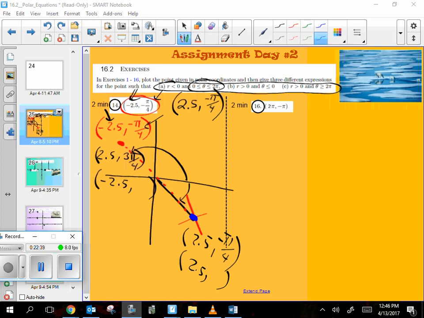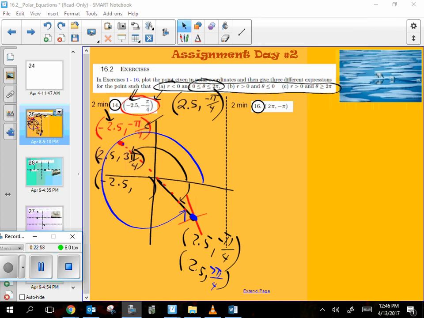For this spot, which is the one that helps you find this spot, it's that angle. A whole bunch of pi over 4s. So this spot is 2.5 comma 7 pi over 4. Good. And that's not this spot, but it helps me find this spot because now I can do the opposite of it and bring it over here and make it negative 2.5 comma 7 pi over 4.